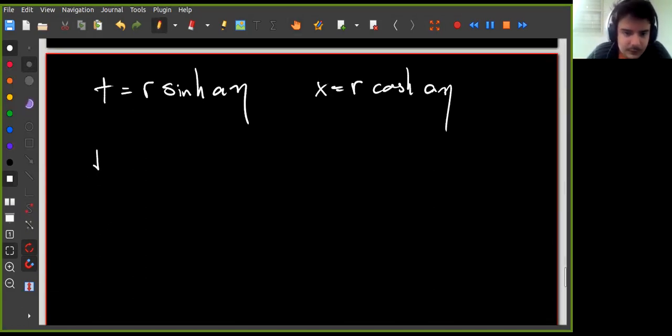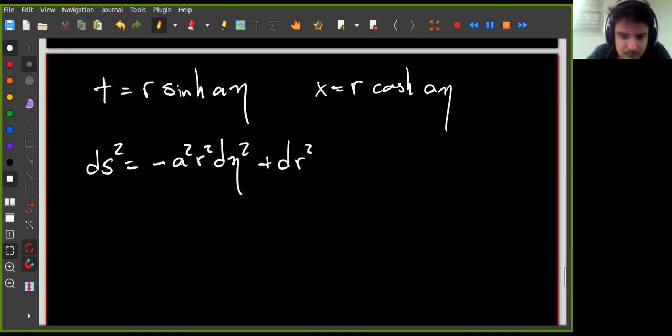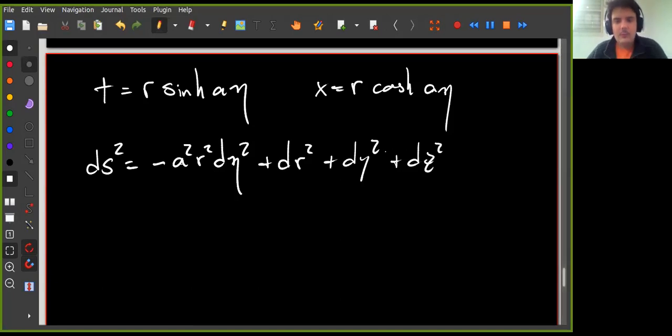With these coordinates, we get the metric ds² equals minus a²r²dη² plus dr² plus dy² plus dz². So while we are working in flat spacetime, this is not an obviously flat metric. It is the flat metric, but we can start to play around with metrics that are not exactly the standard form we are used to. So we're going to use this, which is an accelerating frame actually.